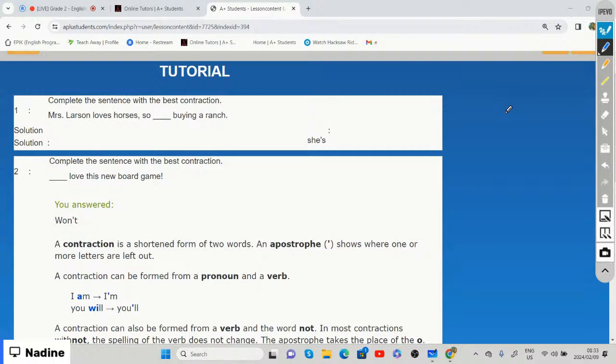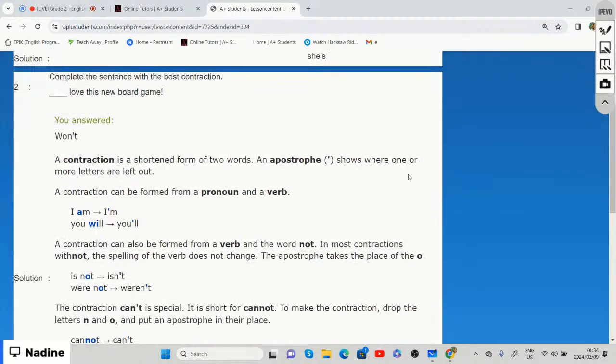And then we also have contractions that are shortened from two words: the verb as well as the word not.